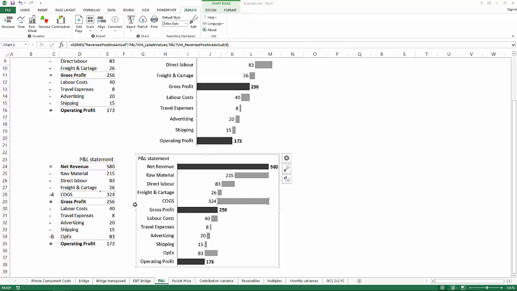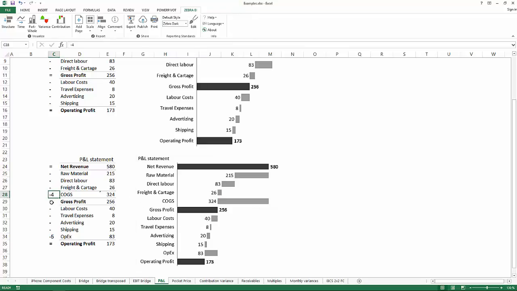This is my COGS. And how come they are now aligned neatly here? They are displayed aligned with net revenue. So the COGS should be subtracted from net revenue, and what is left here is gross profit. That's why here I'm using -4. If I was using 4, meaning it is subtracted from the fourth element before this, in front of COGS, which is net revenue: 1, 2, 3, 4.